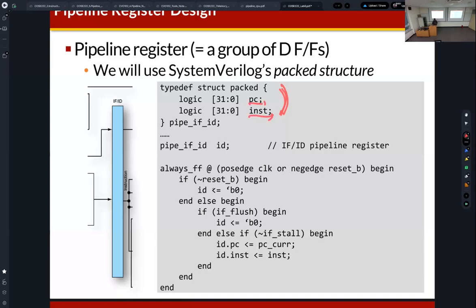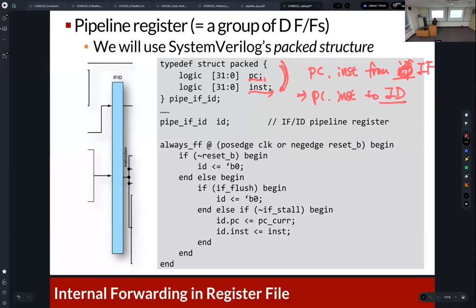It means that this pipeline register receives PC and inst from the instruction fetch stage, and then it samples the PC and inst and transfers them to the ID stage, right?